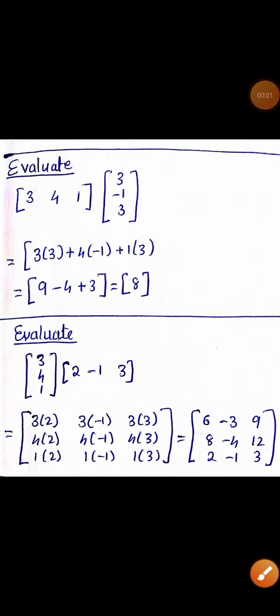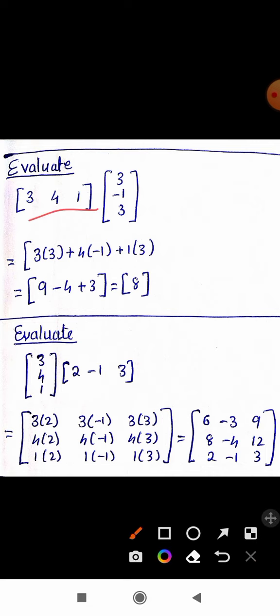So evaluate the following matrix. So multiply row into column. So row into column, 3 into 3. 4 into minus 1. 1 into 3. So 9 minus 4 plus 3, that is equal to 8.